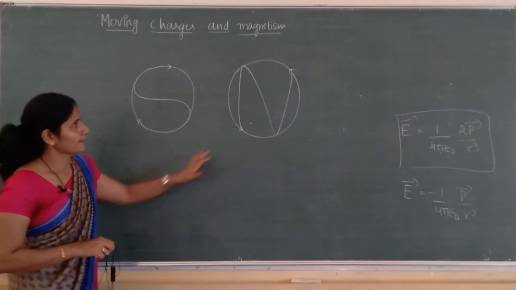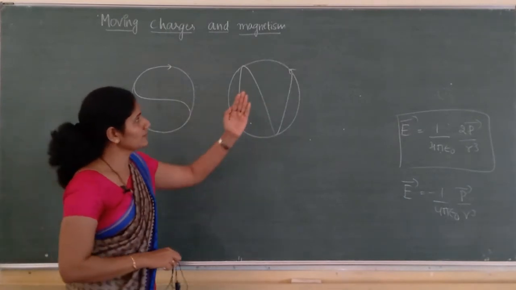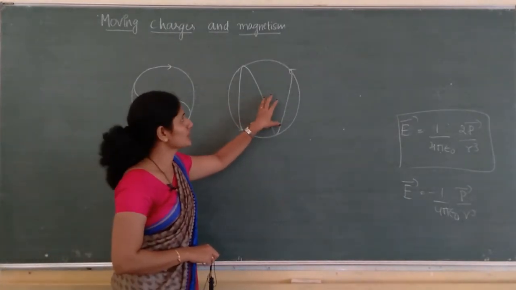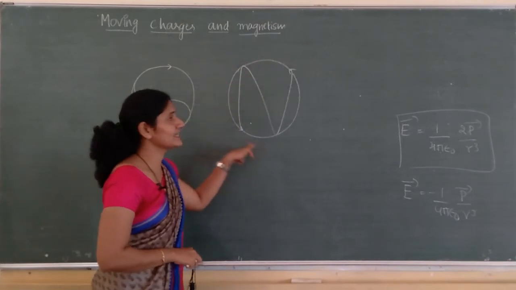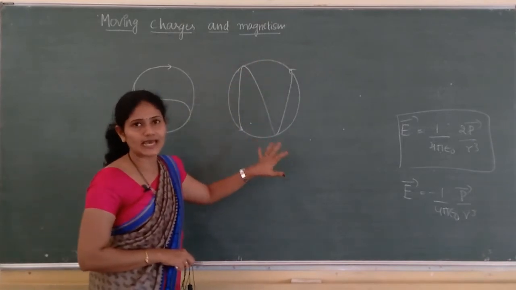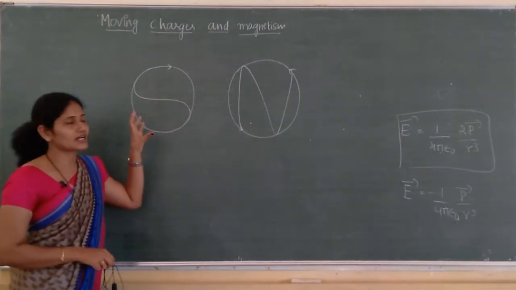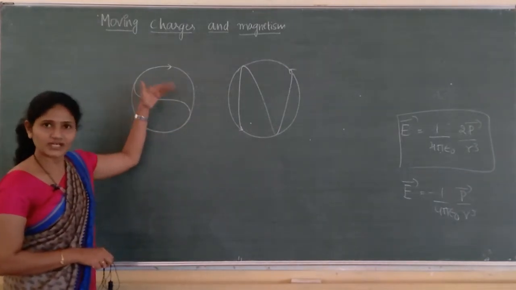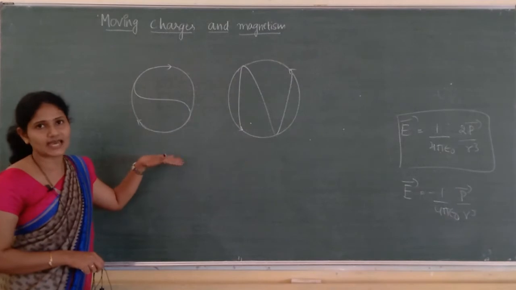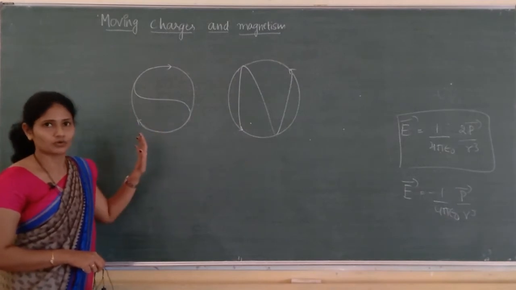The face of the coil in which the current flows in anti-clockwise direction is considered as magnetic north pole. The face in which the current flows in the clockwise direction is considered as magnetic south pole.